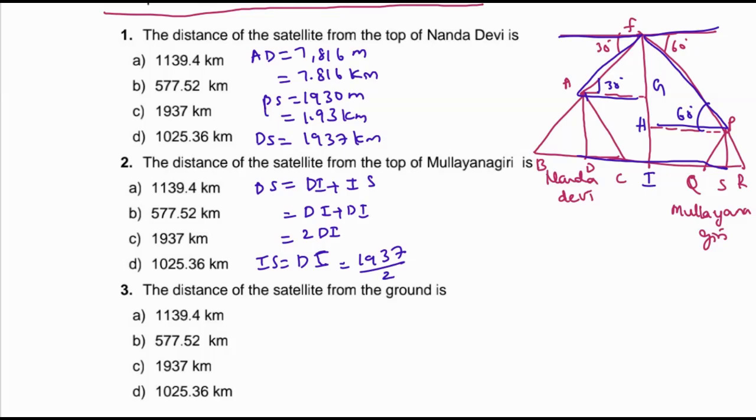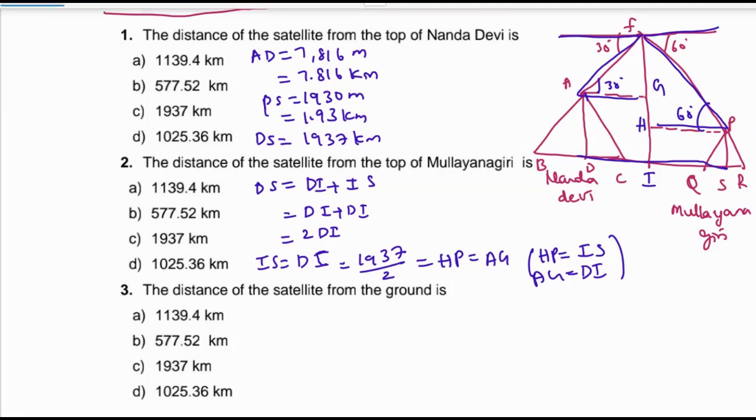That will also be equal to HP and AG, which is similar, 1937 by 2. Since HP is equal to IS and AG is equal to DI according to the diagram, now take cos 30 degrees. What will be cos 30? It will be adjacent by hypotenuse.